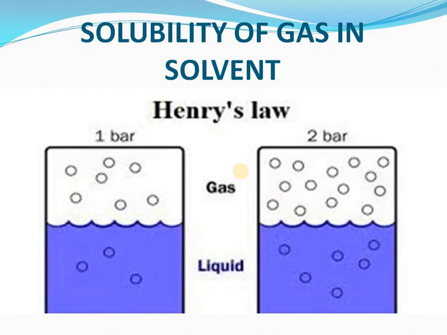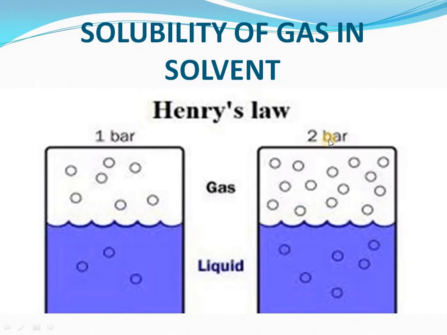What you are doing is increasing the pressure to dissolve the carbon dioxide in the Coke, which is the solvent. The point here is that the solubility of a gas in a particular solvent depends on the pressure. Let us see, if the pressure is 1 bar, there are molecules: 1, 2, 3, 4, 5, 6, 7, 8, 9, 10.